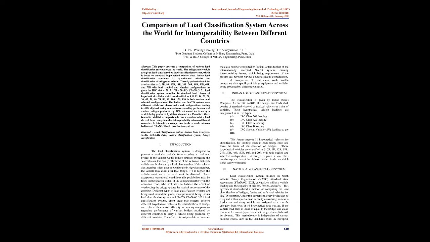E. IRC Special Vehicle, SV, loading as per IRC. This further presents 11 hypothetical vehicles for classification, for limiting loads in each bridge class, and forms the basis of classification of bridges. These hypothetical vehicles are classified as 3, 5R, 9R, 12R, 18R, 24R, 30R, 40R, 50R, 60R, and 70R with both tracked and wheeled configurations. A bridge is given a load class number equal to that of the highest standard load class which it can safely withstand.